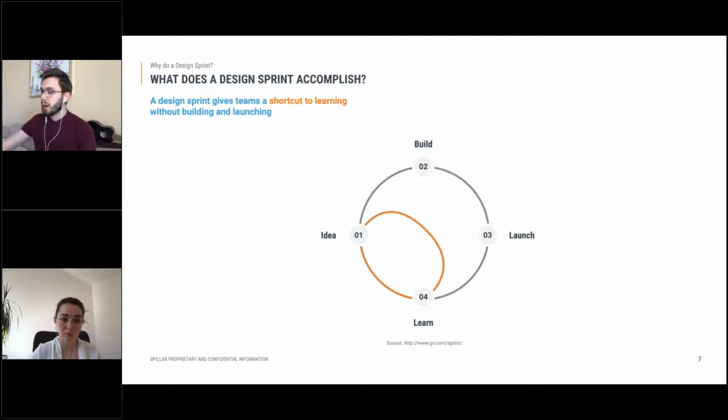Now, for us, in a short-term engagement, we can say that a design sprint is a shortcut to learning, because we're gaining insights without building or launching any product. We're actually building and validating a prototype.